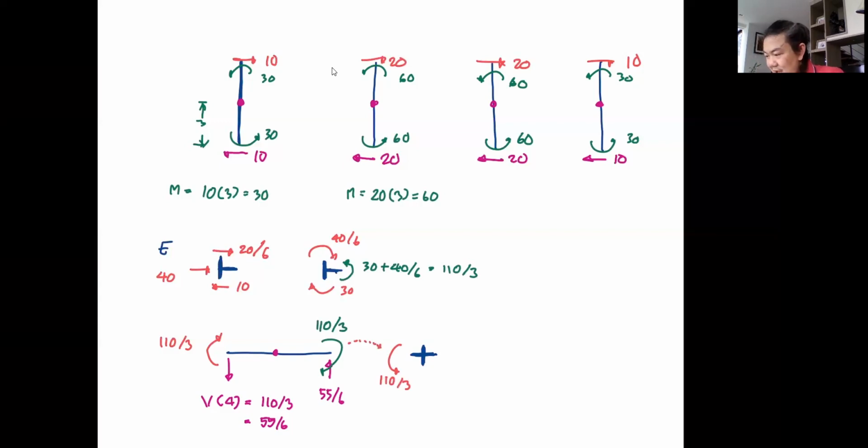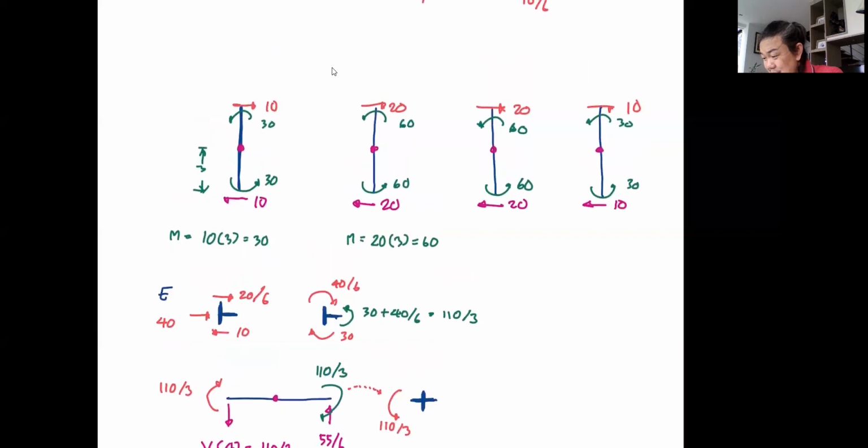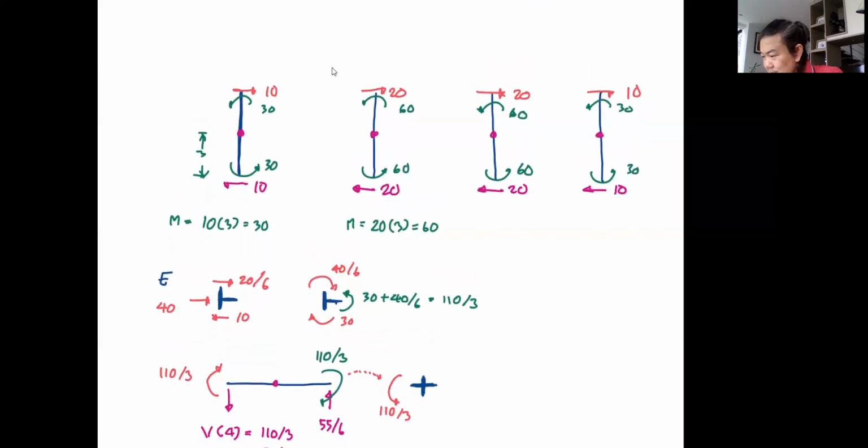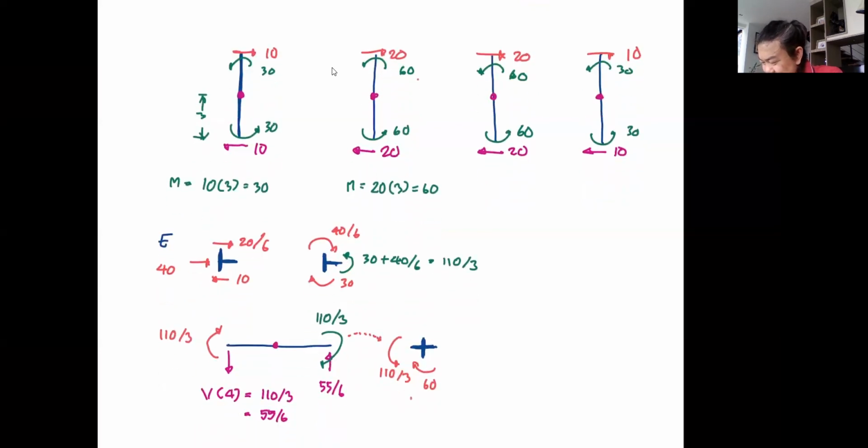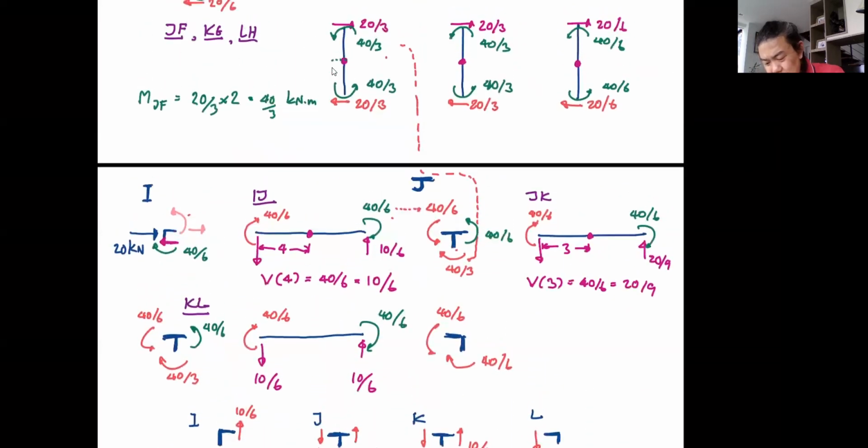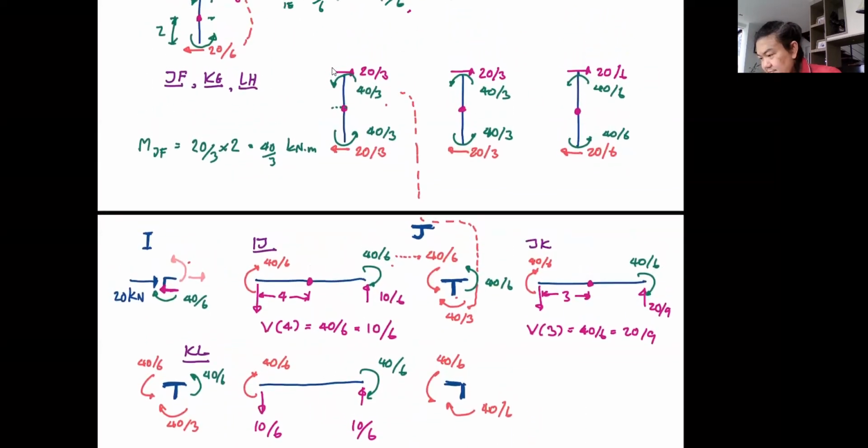Okay. And then you have this moment coming in from this column. That's 60, right? I can instead write it like this. So from what column? From FB. But you have a column above, which is column JF.